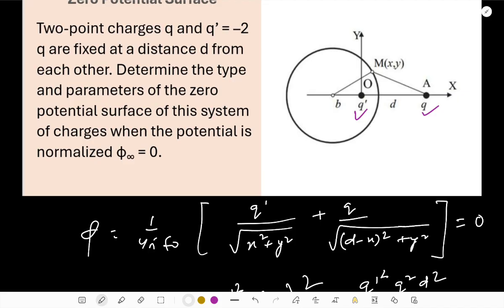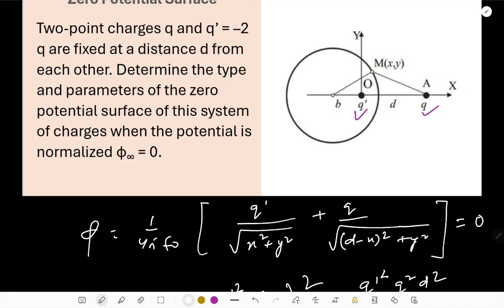In this case, the surface of zero potential is a sphere with radius equal to 2d by 3, and the center of which is on the line of the charges, at a distance minus d by 3 from the charge q dash.